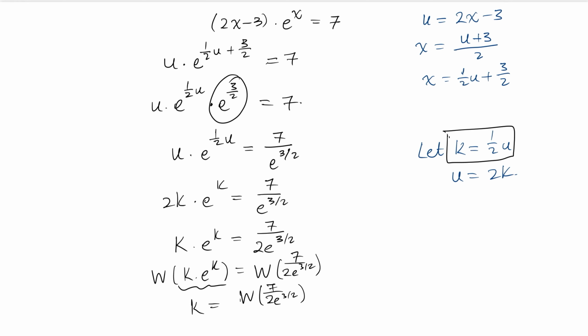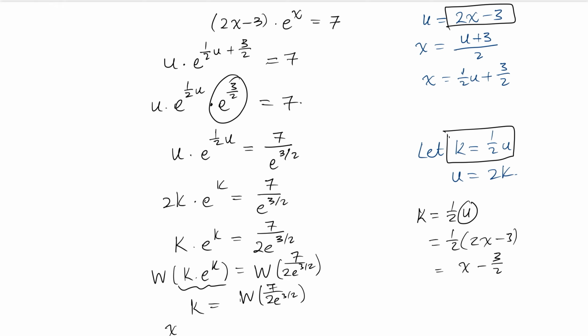So k is going to equal half into 2x minus 3, which is x minus 3 over 2.